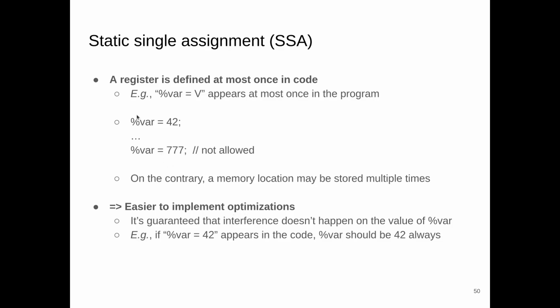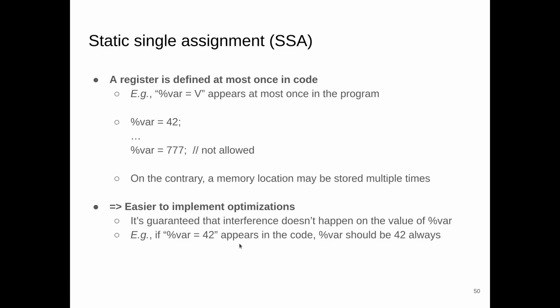As a result, $var should be 482 for the rest of the execution. So it is guaranteed that there's no interference on the value of this register. The value of this $var should be 482 from now on, period. So it makes the life of optimizations much easier.